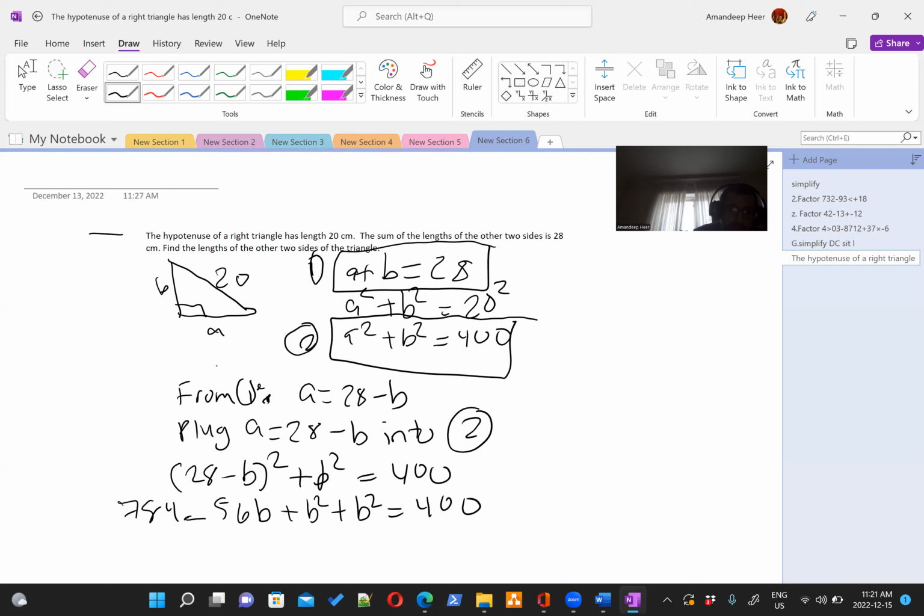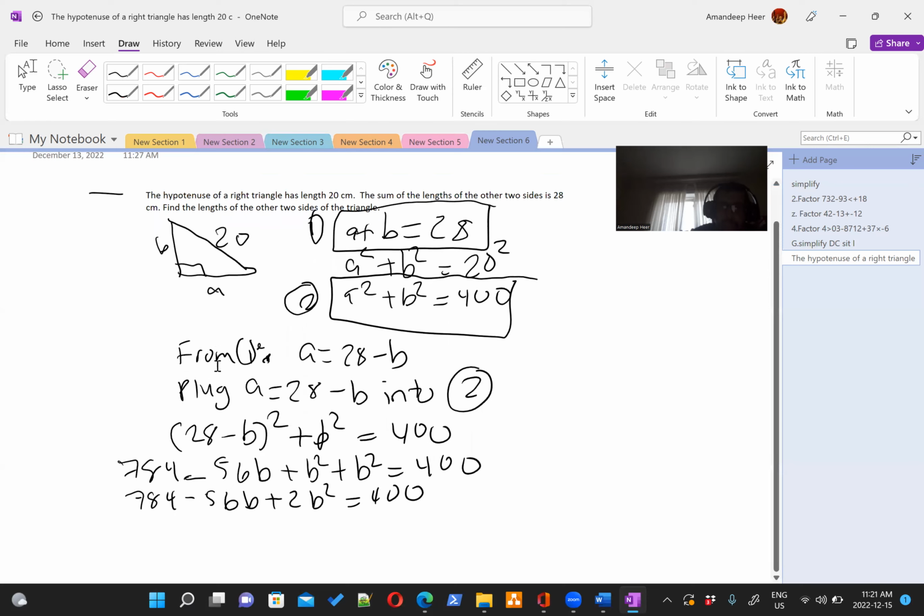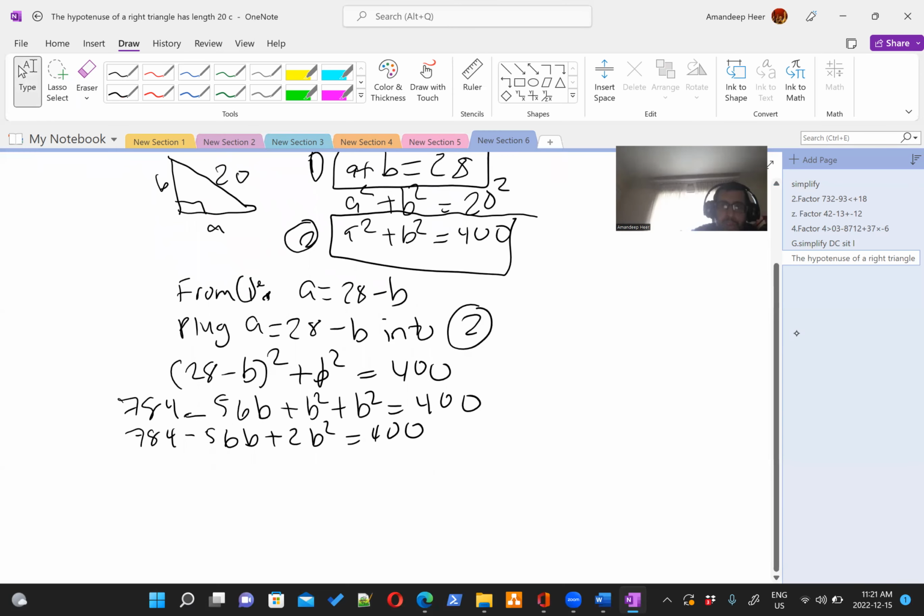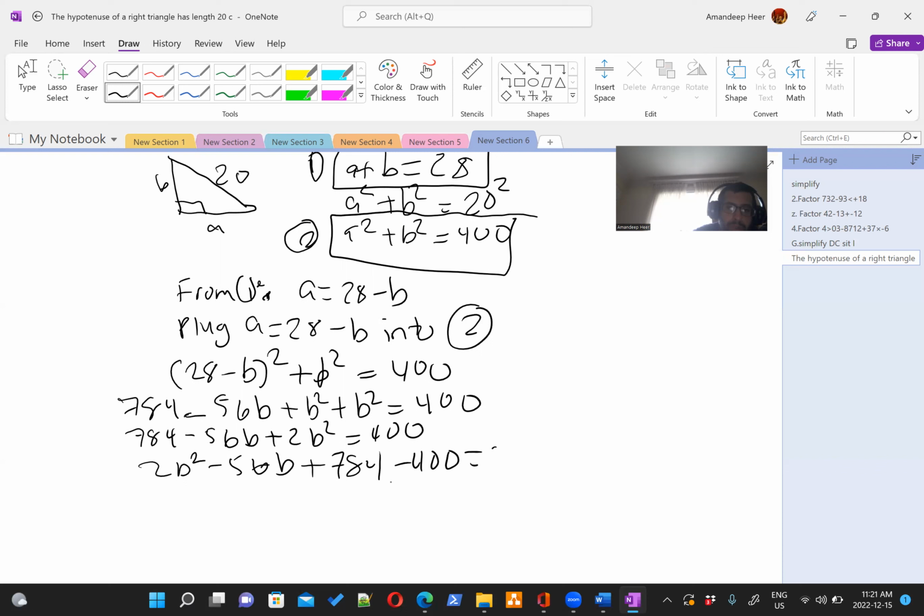If I simplify this, I get 784 minus 56B plus 2B squared equals 400. Now if I rearrange this, I get 2B squared minus 56B, and moving the 400 over, 784 minus 400 equals 0.